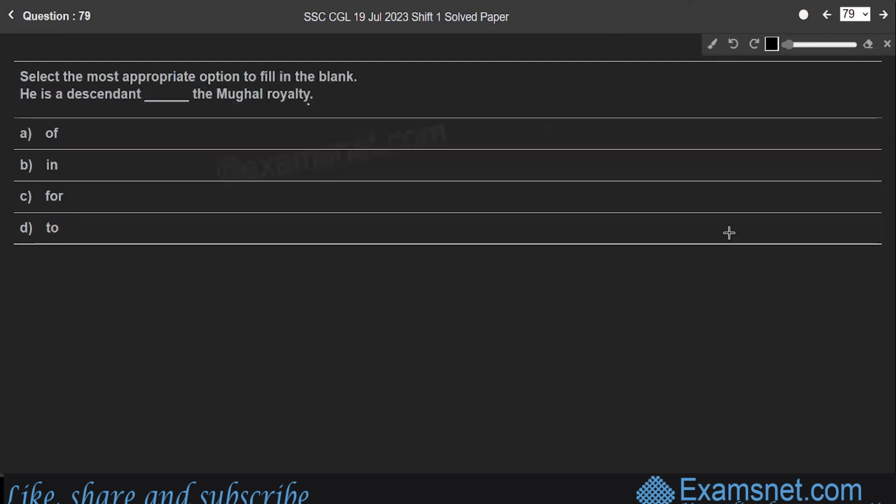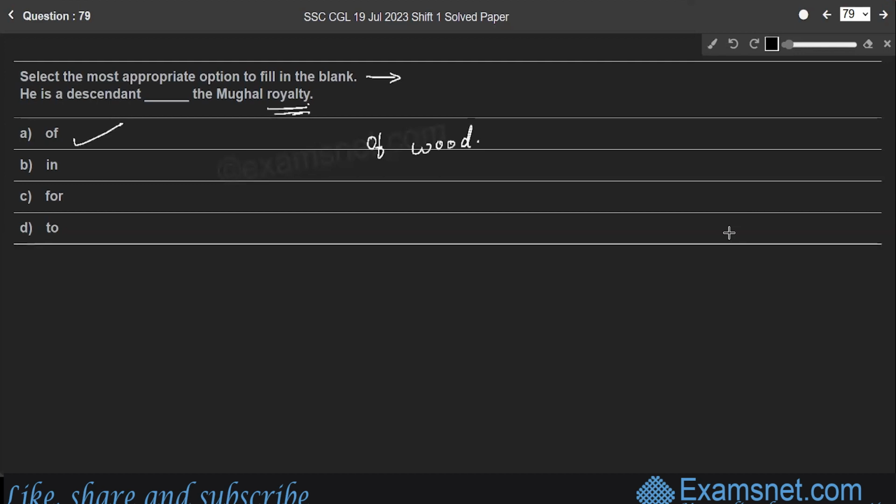Question 79. Select the most appropriate option to fill in the blank. "He is a descendant dash the Mughal royalty." So he is a descendant of the Mughal royalty. Here, the preposition of is used to show the relationships between other words, such as belonging, or things made of other things, for example, of wood.